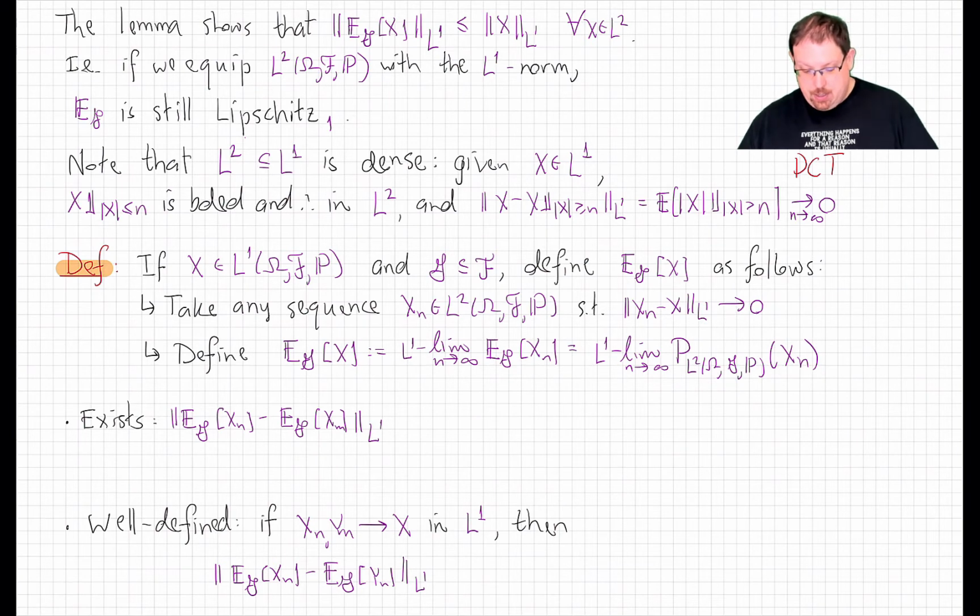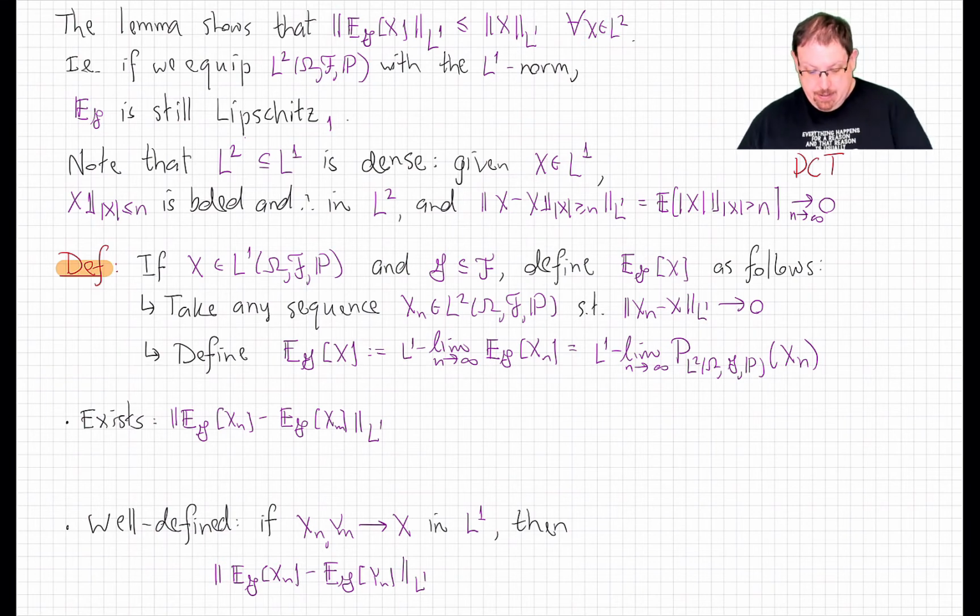We know they are nice random variables, and what I need to do is establish that in fact this sequence will converge in L1. And not only will it converge in L1, but it'll converge to something that doesn't care which approximating sequence I chose. Okay, well, to see that, and to see the uniqueness, which amount to almost the same argument, we're going to use completeness in a fundamental way here.